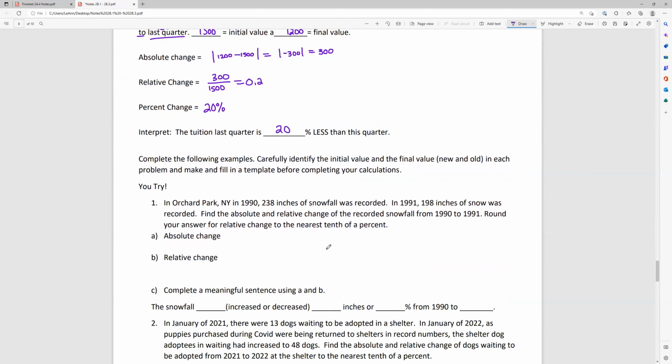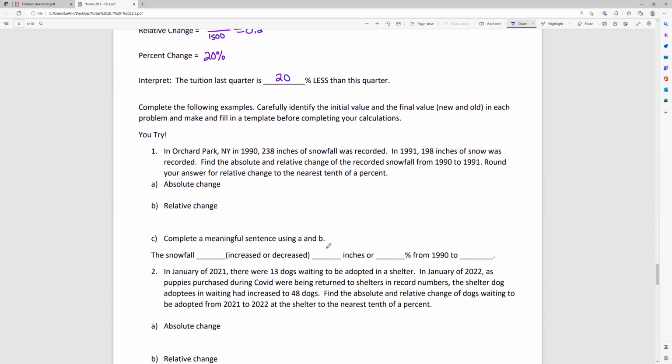Okay, so let's try a couple of these. We've got Orchard Park, New York in 1990. 238 inches of snowfall were recorded. In 1991, 198 inches of snow was recorded. Find the absolute and relative change from 1990 to 1991. And we're talking about the snowfall.